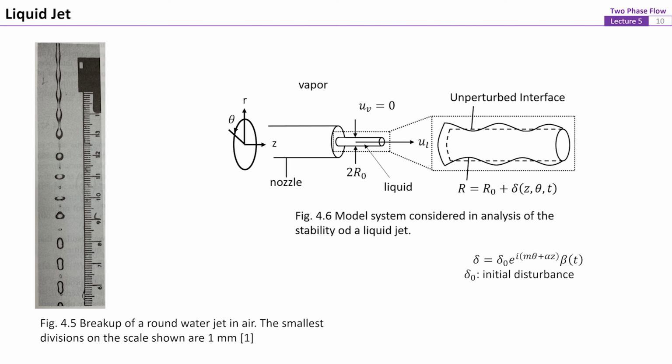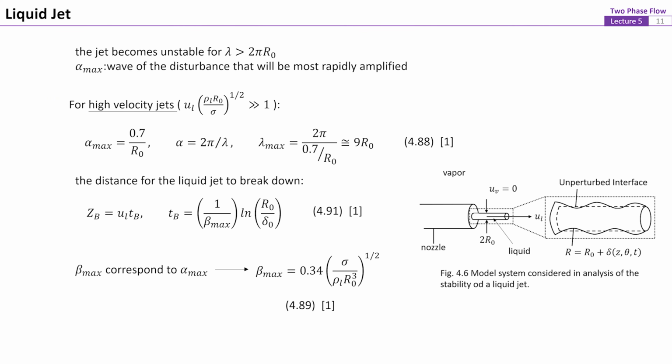Here we show some important results. Detailed derivations of these results are available in the textbook. The liquid jet becomes unstable for axisymmetric perturbations with wavelength greater than the circumference of the jet. Also, the wave number and the wavelength corresponding to the fastest growing disturbances are shown by equation 88.